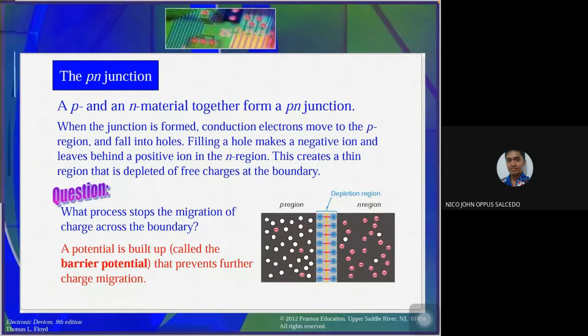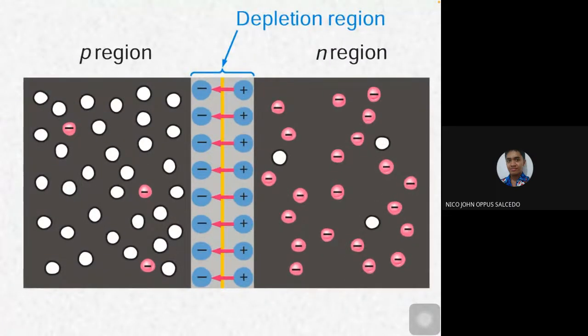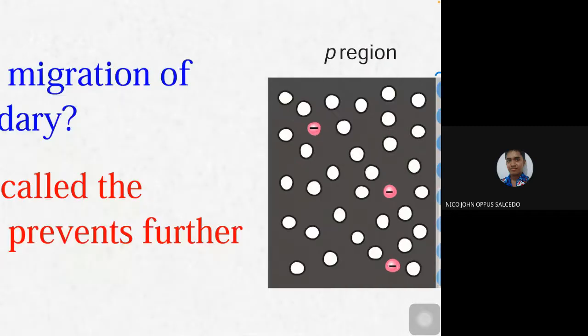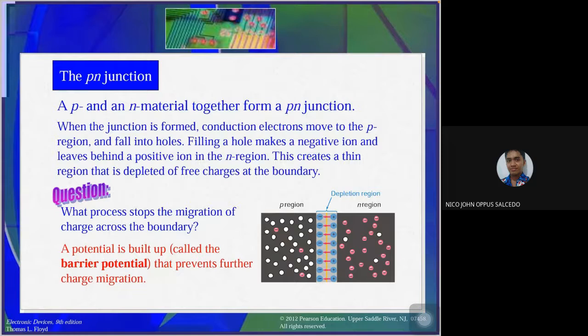So, because of the presence of the depletion region, electrically speaking, a voltage level is generated, right? Or in terms of physics, its proper term is barrier potential.